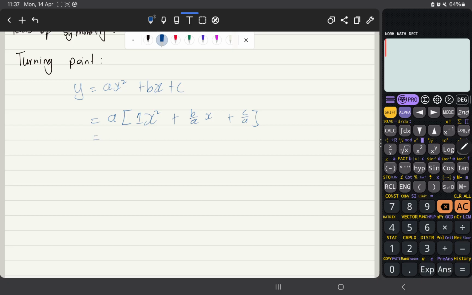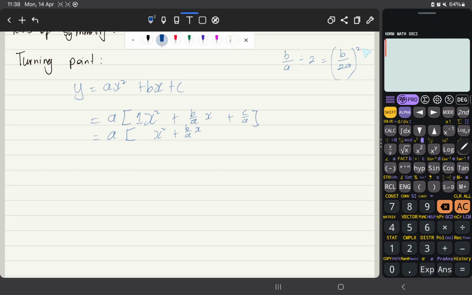Then the second thing of completing squares: you take the coefficient of the second term, divide it by 2, and you're going to end up with b over 2a. And then you're going to square it.